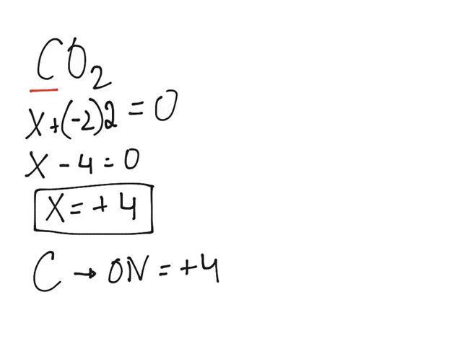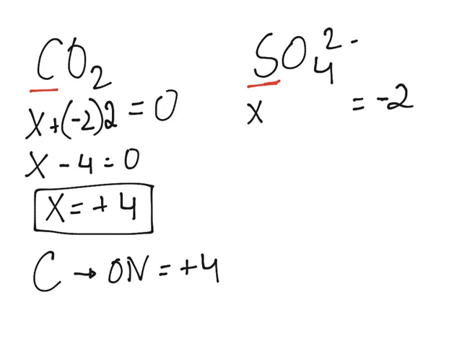Now let's try something with a charge. SO4 2 minus, or -2, it's the same. The first thing we have to know is that this is a polyatomic ion, so this will be equal to the charge, in this case -2. We have to identify which we don't have, in this case the sulfur, so we put x to it.